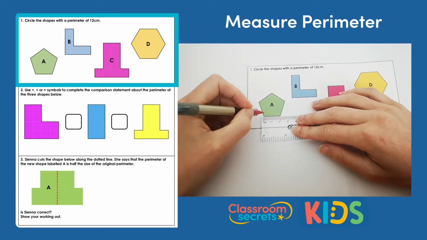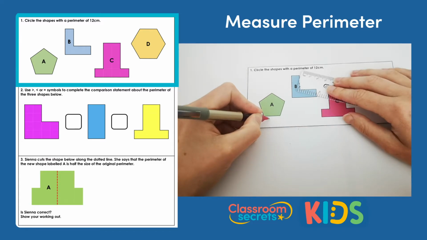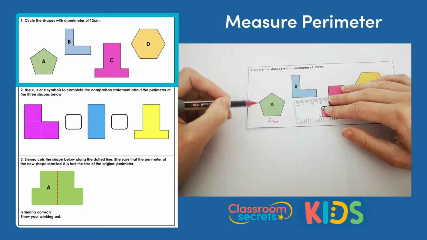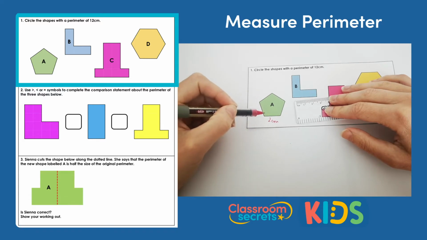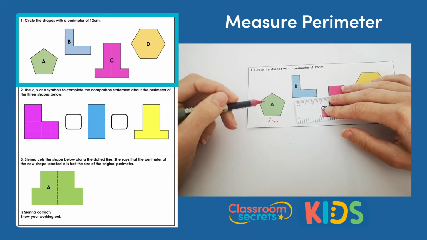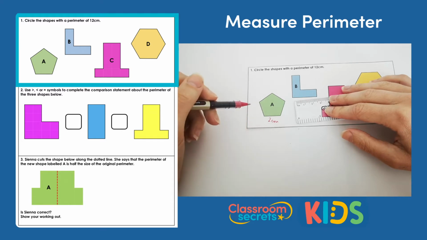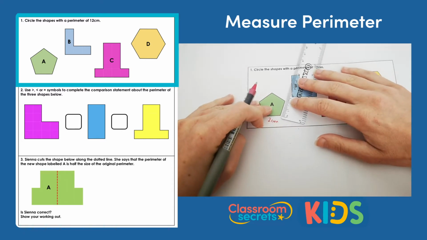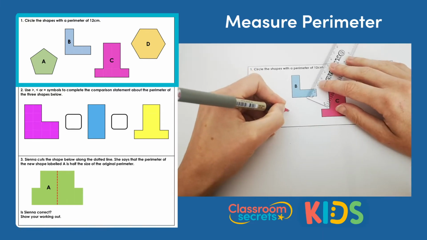So lining that up nicely, I can see that that is 2 centimetres. Now to me this looks like a regular pentagon, and a regular shape is a shape that has all the sides the same length. So that could mean that all of these are 2 centimetres, but I want to make sure that is correct, so I'm going to measure them anyway. That is 2 centimetres.